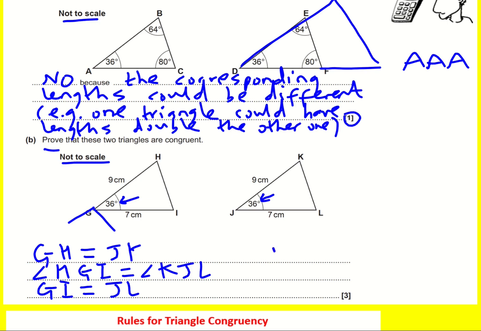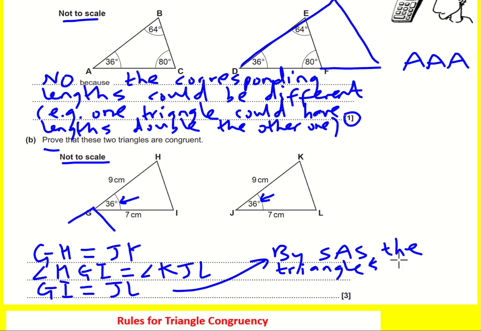I've kind of run out of room here, but I just need to say, by SAS, the triangles are congruent. So make sure you include this final statement as well. Okay, one of the more technical questions on GCSE, but once you know the rules and you learn how to make these proofs, it's not as bad as it might first seem.